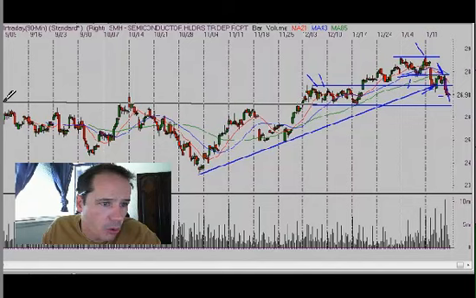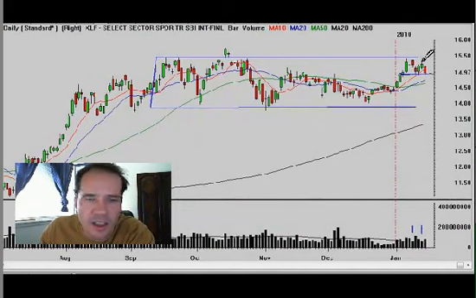But for now, 1490 is a fairly important level that should continue to act as support for this market. Breaking below that, then we'll probably be looking at a test of that 50-day moving average down near 1460, and then we'll have to assess how it responds to any such test, basically.